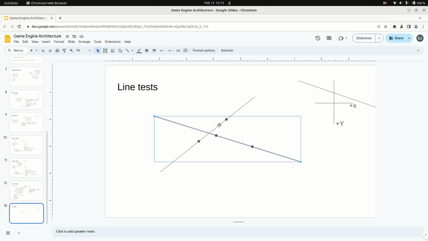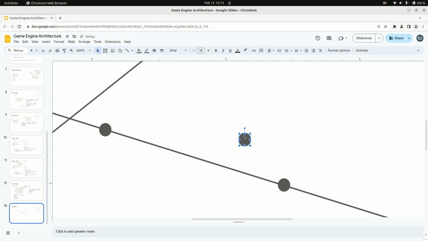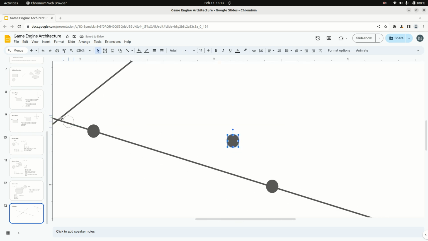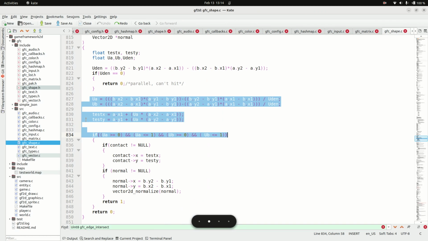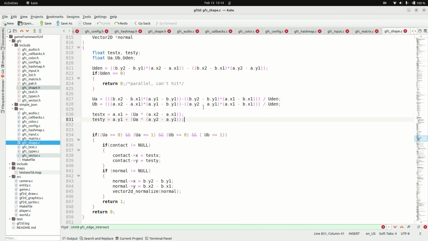So if these are my line segments, from this point to that point, and this point to this point, the line intersection test will determine that the point of collision happens to be here. The problem is, although it exists on this line segment, it does not exist in this line segment, and that's what our additional tests are for determining. That's what the line intersection test determines.